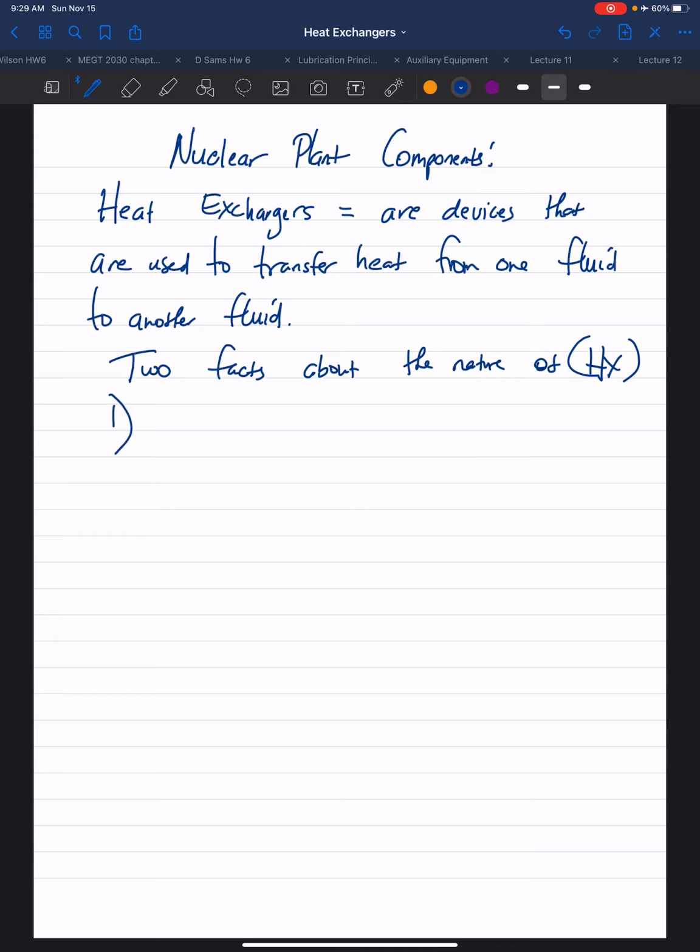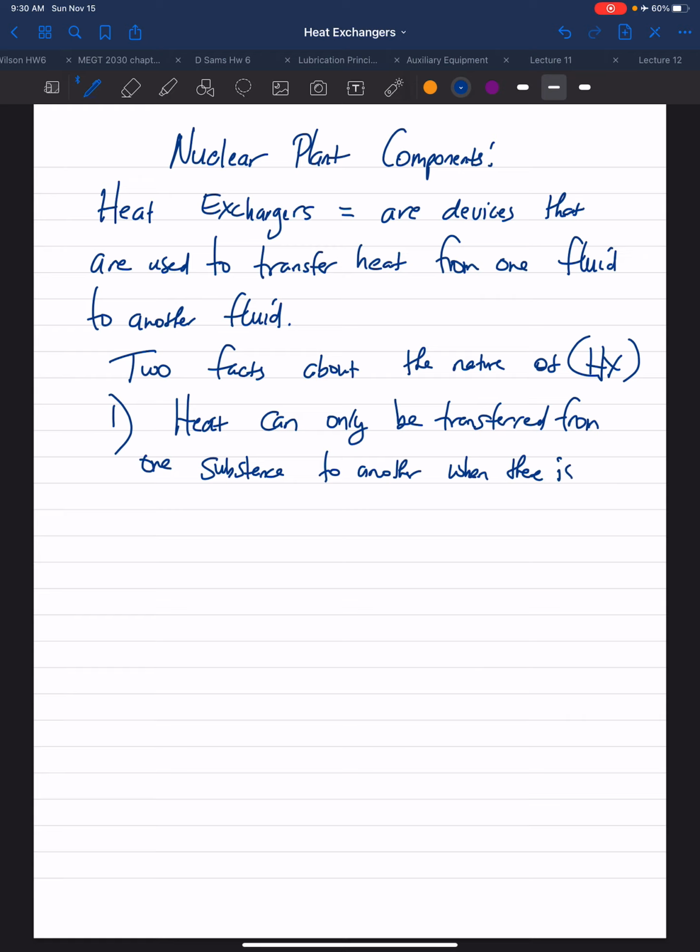One, heat can only be transferred from one substance to another when there is a temperature difference between them.